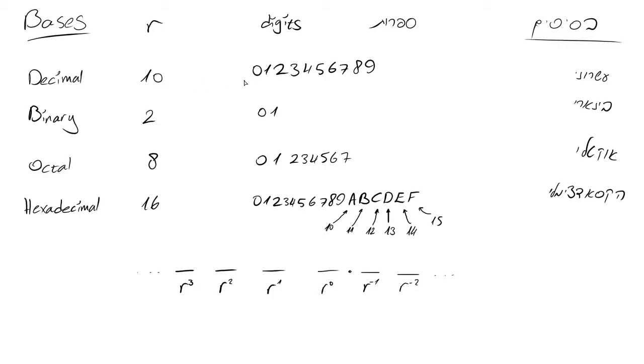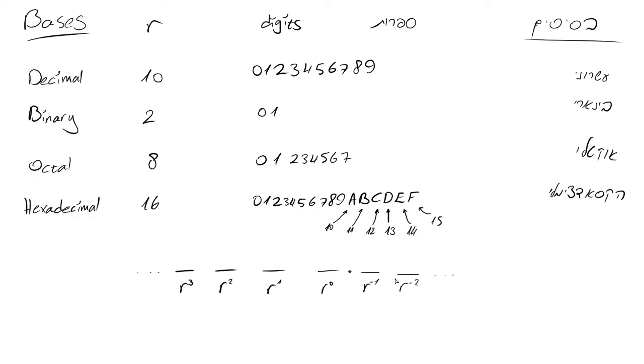If you're writing a decimal number, you'll have here the ones, the tens, the hundreds, the thousands. The same can be said about every other base. If it's binary, it will be 1s, 2s, 4s, and 8s, and 16s, and 32s, and so on.